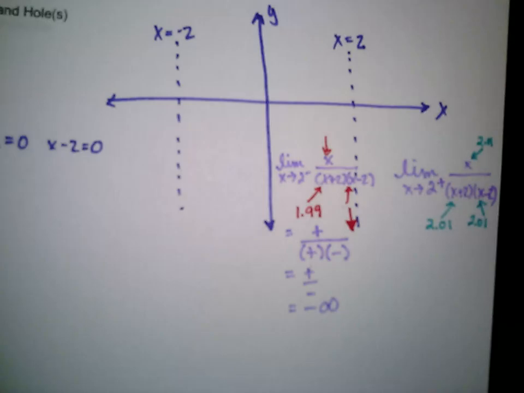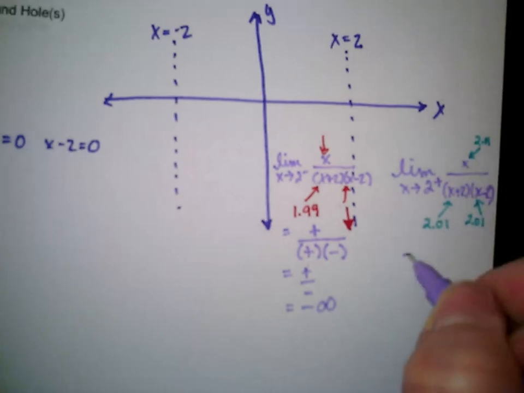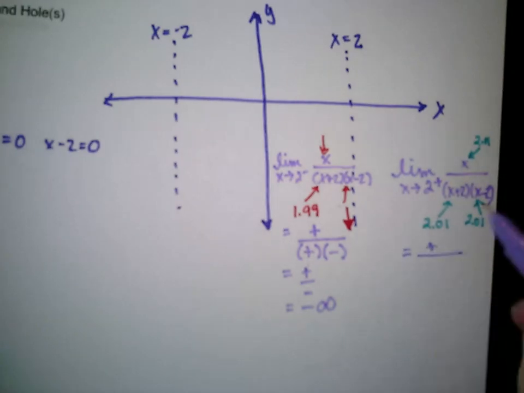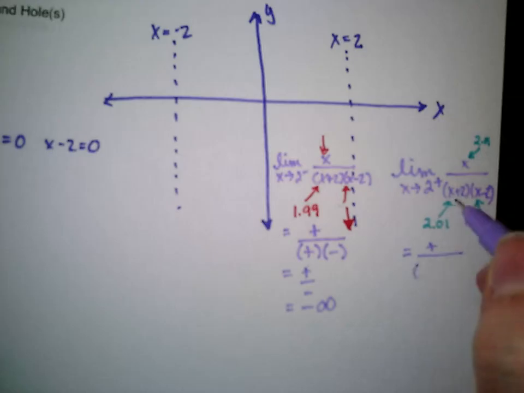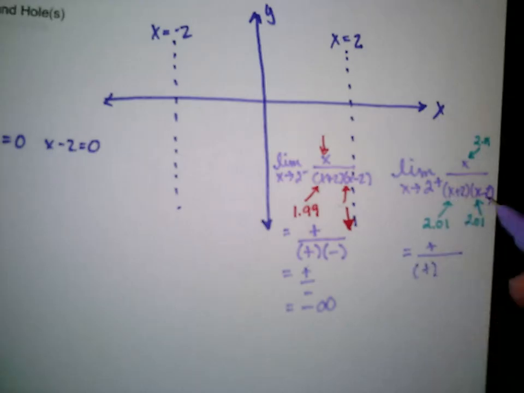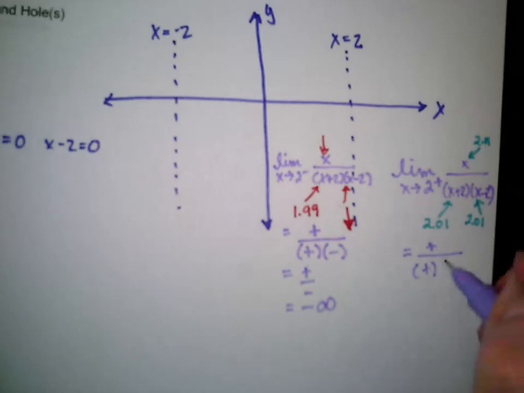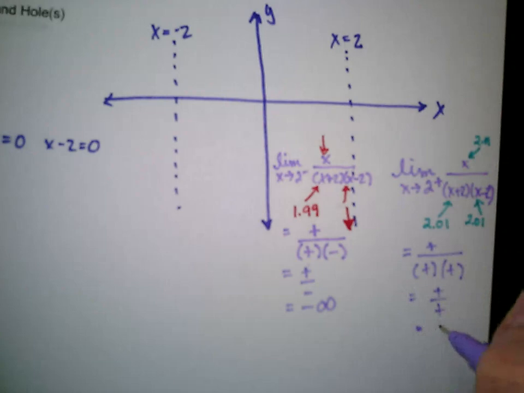When I make that replacement, the numerator is going to be positive. In the denominator, I have 2.01 plus 2, that is positive, and 2.01 minus 2 is also positive. So that's a positive divided by positive, which means on the right-hand side of x equals 2, the function is headed towards positive infinity.